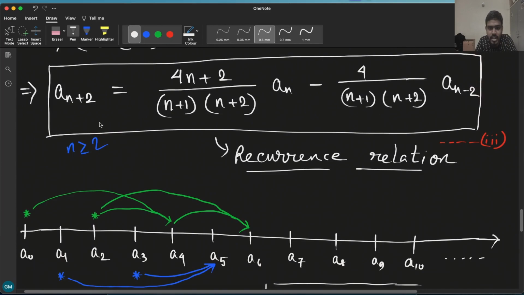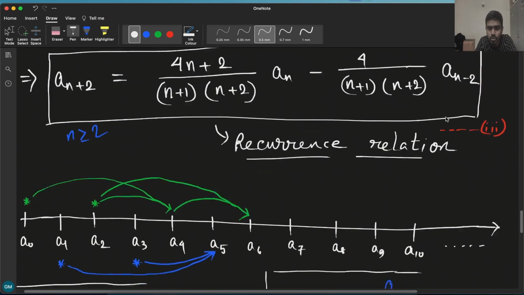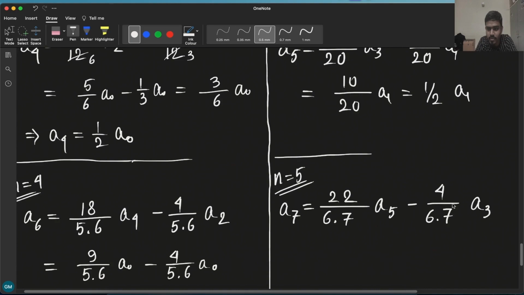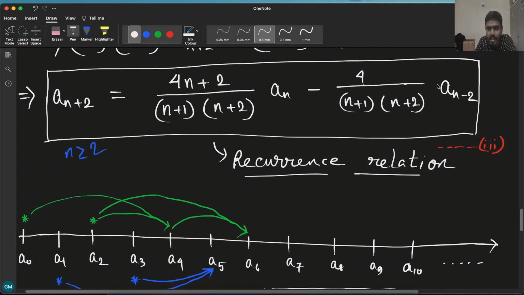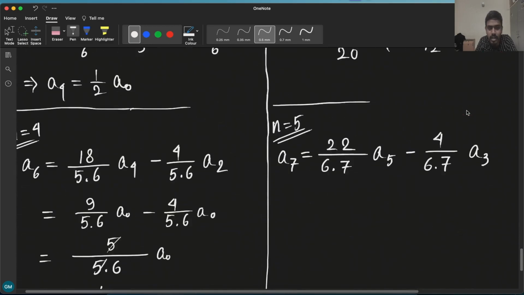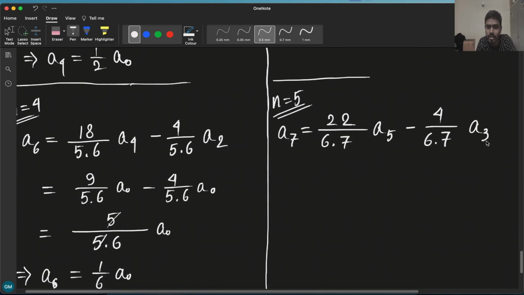These two terms are the same, n plus 1, n plus 2, so that's why I wrote them as 6 times 7, and 4 is a constant, and a(n-2), n is 5, so in that case it is a3.